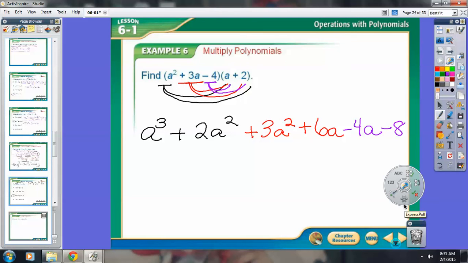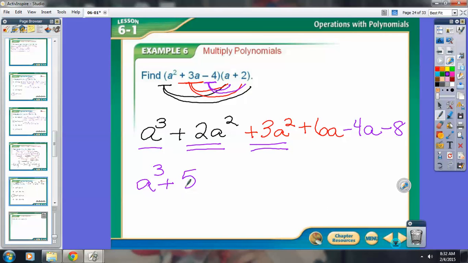Am I finished? We can combine like terms. Remember, you're adding and subtracting. Do you do anything to the exponents? No, you only add the exponents if you're multiplying. Is there anything I can combine a cubed with? No, there is not. So I'll just bring down a cubed. I have 2a squared. I can combine that with 3a squared, that is 5a squared.